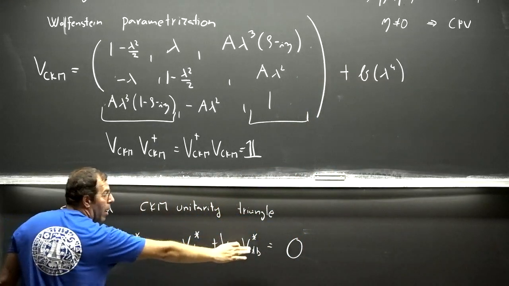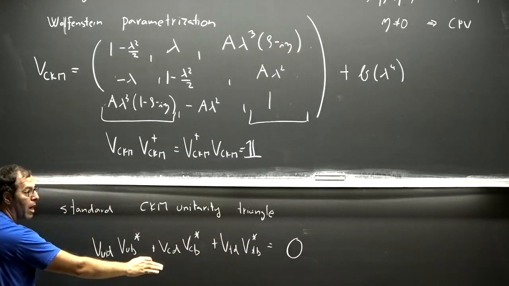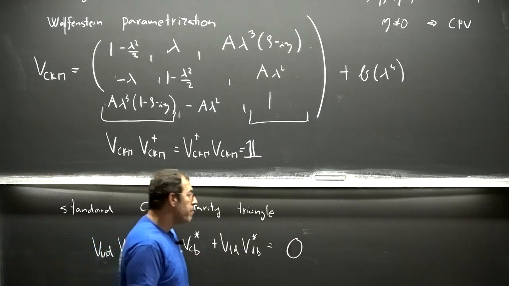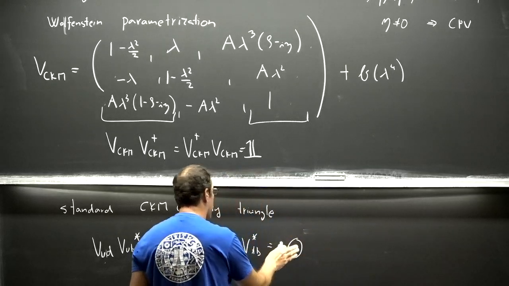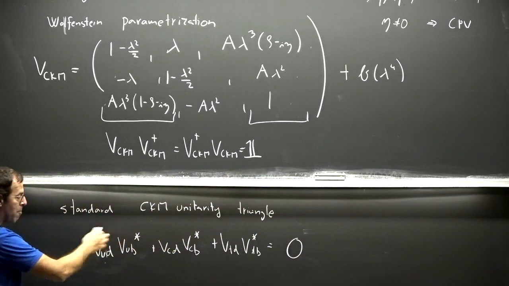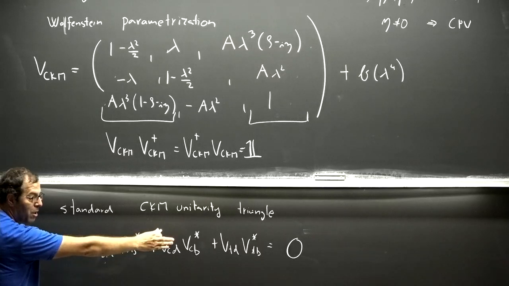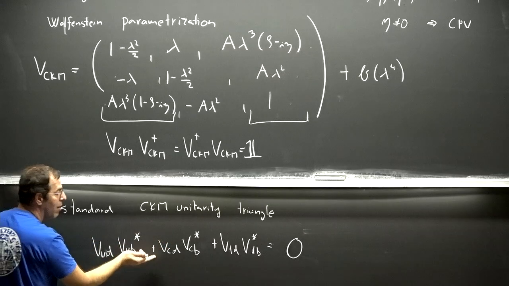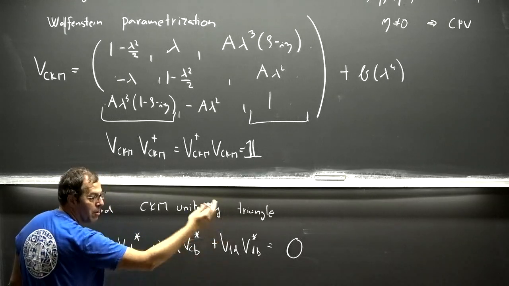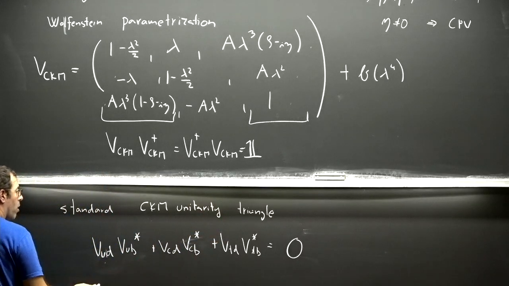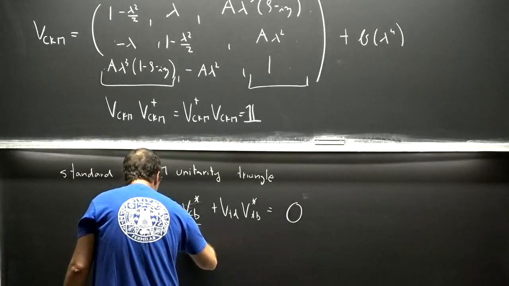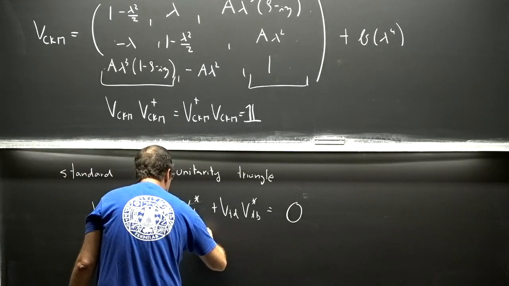And all 3 are of similar size. They're complex numbers. So if you were to just draw a geometric picture, it would be 3 vectors in the complex plane that add up to 0, meaning that they form a triangle. What's usually done is you divide by VCD, VCB star.